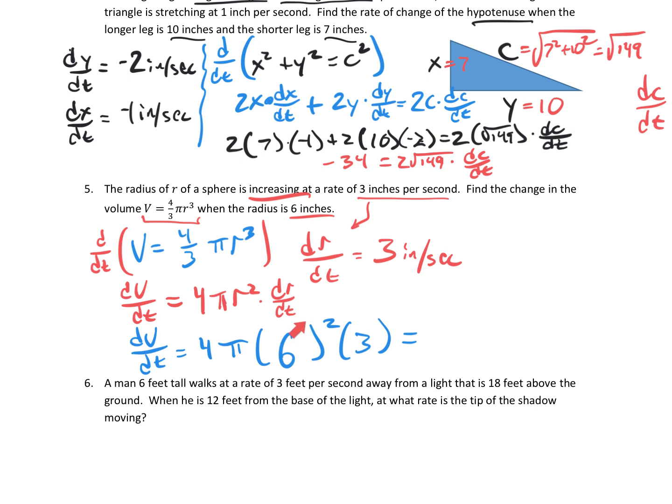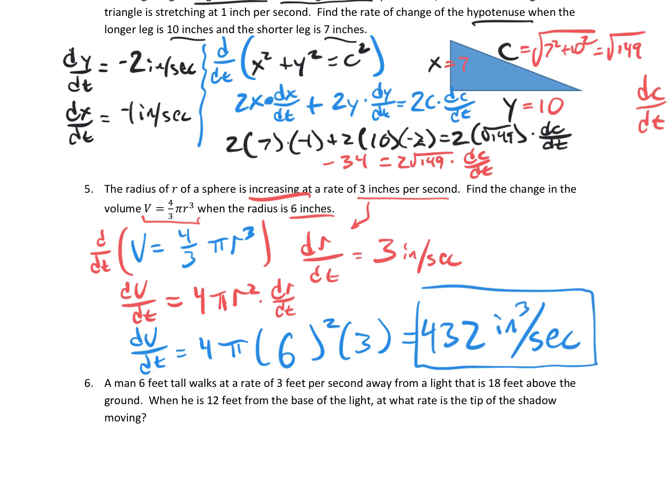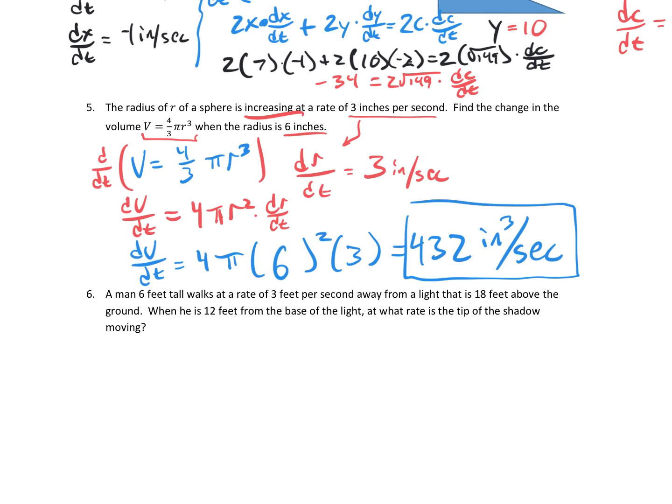And that comes out to be 36 times 3 times 4, which gives us 432. And this is a change in volume, which is cubic inches per second. It's cubic inches because we have inches times inches times inches per second. All right, that's it. That one's pretty straightforward.